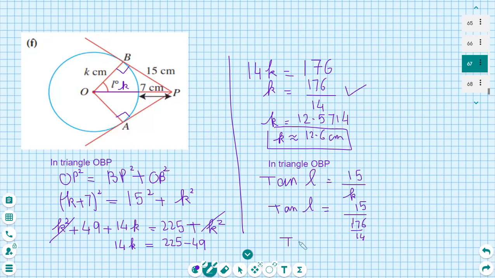So tan L will be equal to, this 14 will go up, 15 multiplied by 14 over 176.